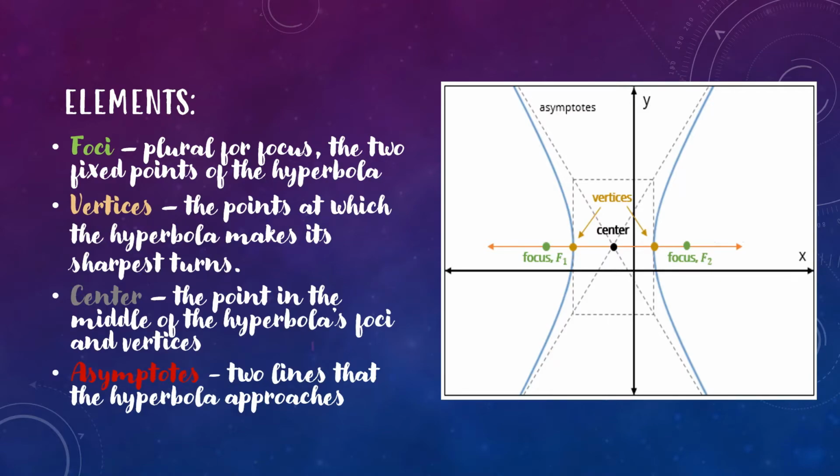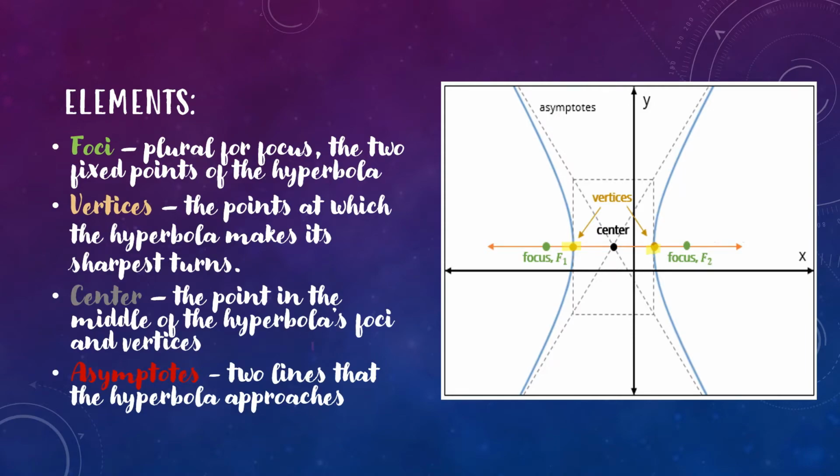Kanang orange nga point, mao ni siya ang vertices. Duha man na natong vertex. Next, we have the center, the point in the middle of the hyperbola's foci and vertices. Midpoint siya sa duha ka focus and midpoint siya sa duha ka vertex.